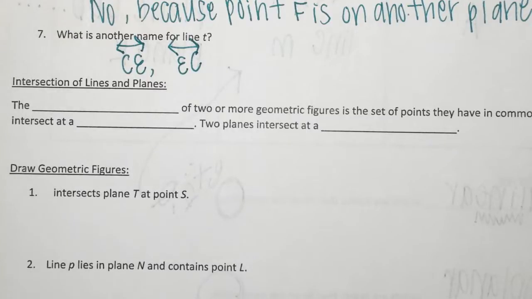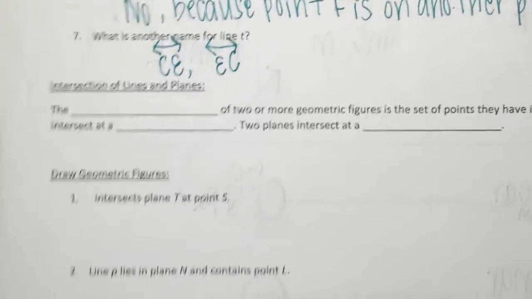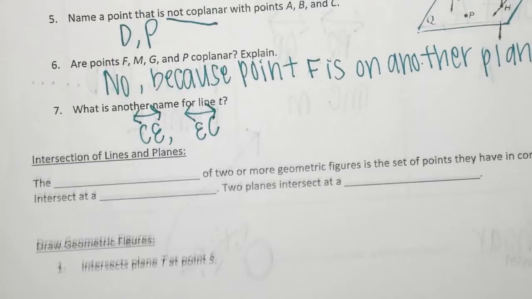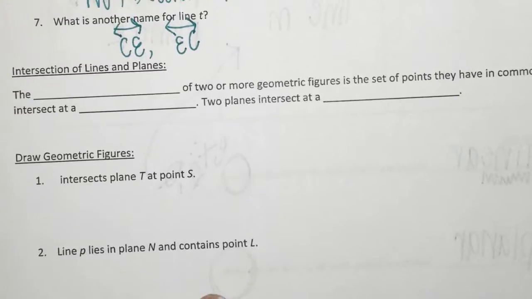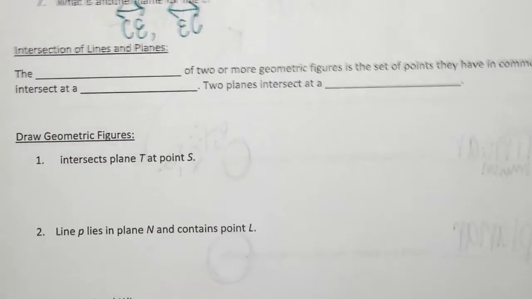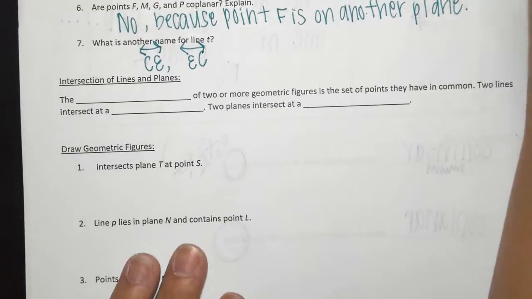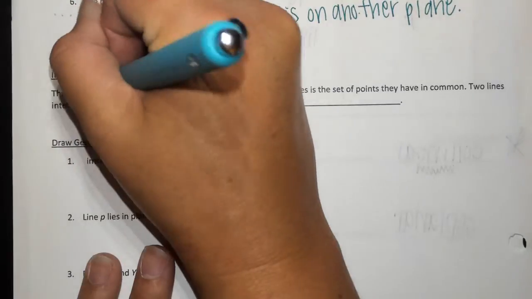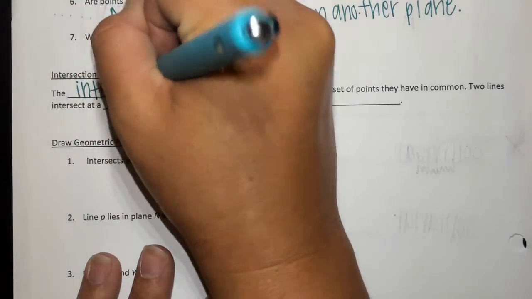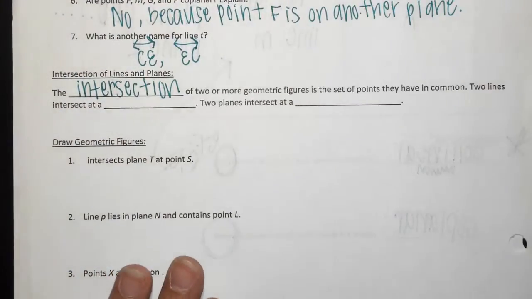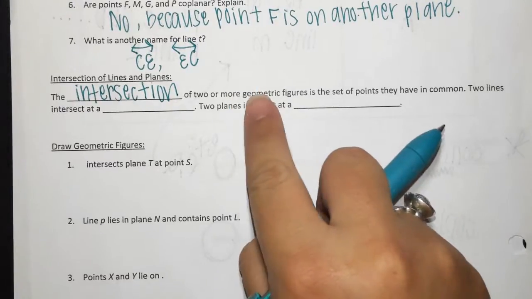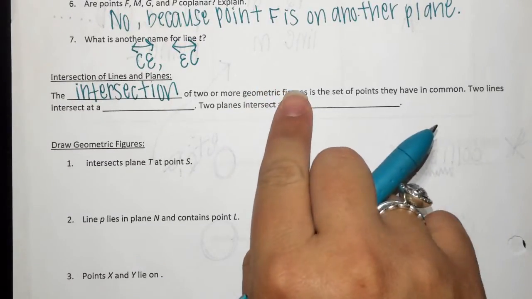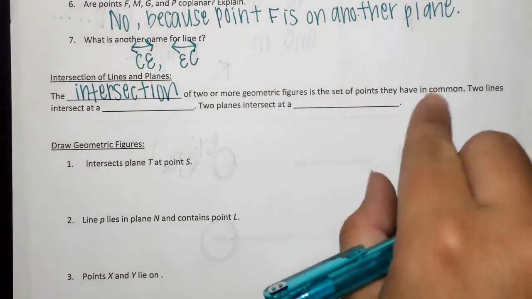All right, almost done. Like a page and a third left. Okay, a couple more vocab words. The intersection of 2 or more geometric figures is the set of points they have in common.